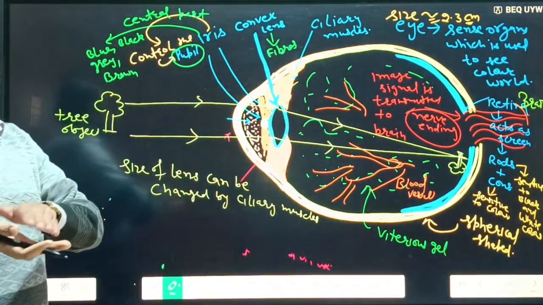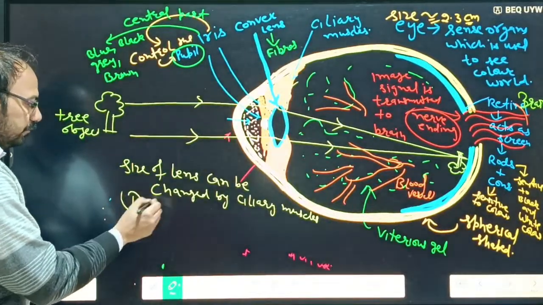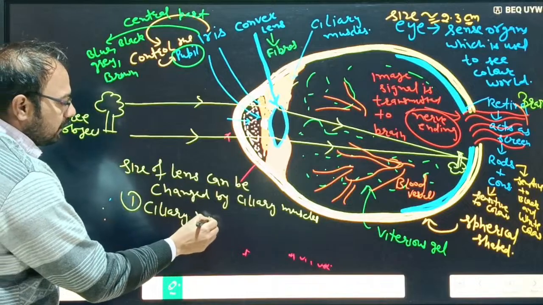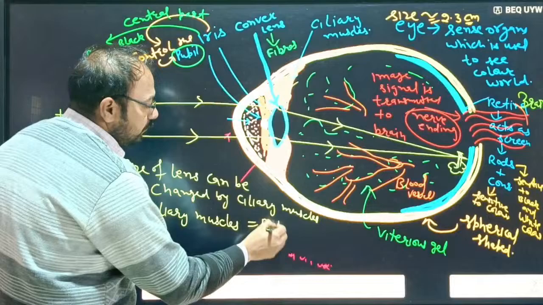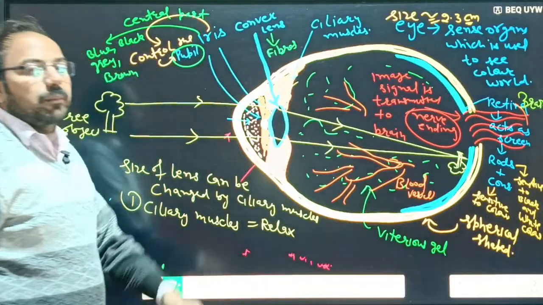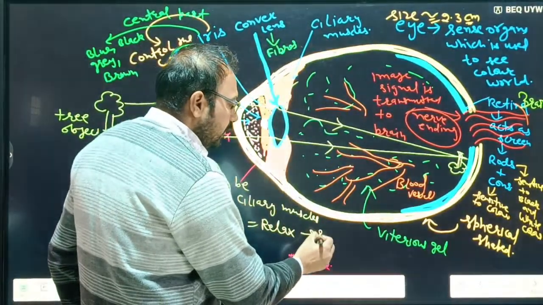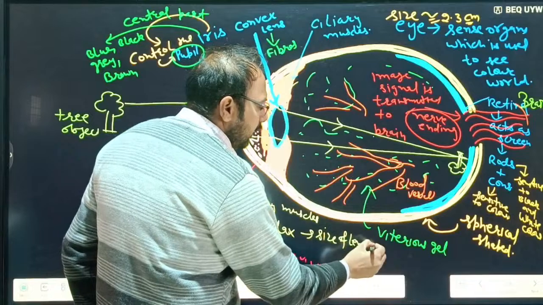So when the ciliary muscles are relaxed, the first case, what happens? The size of the lens is increased.